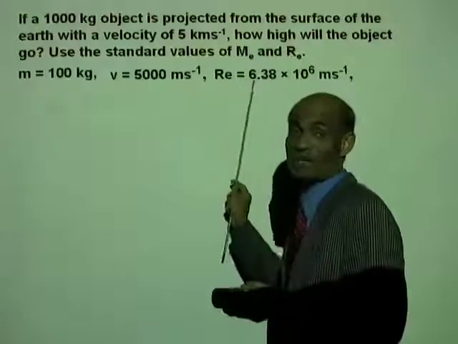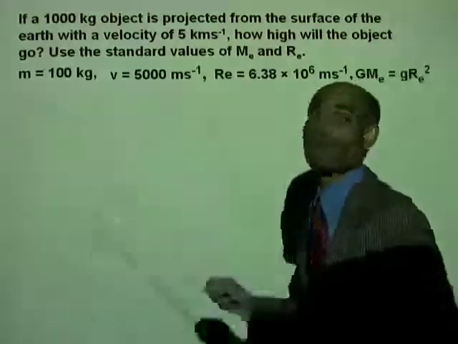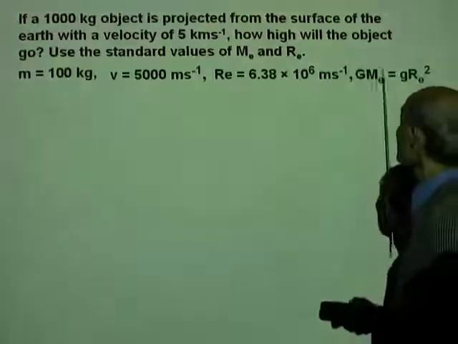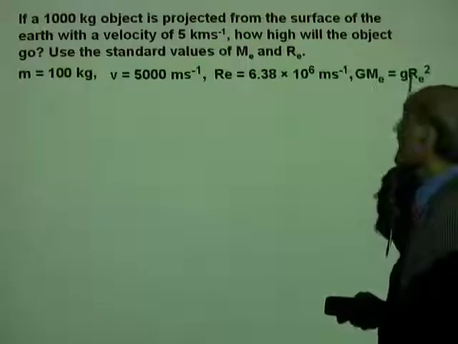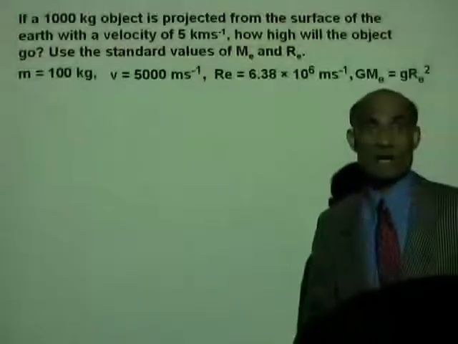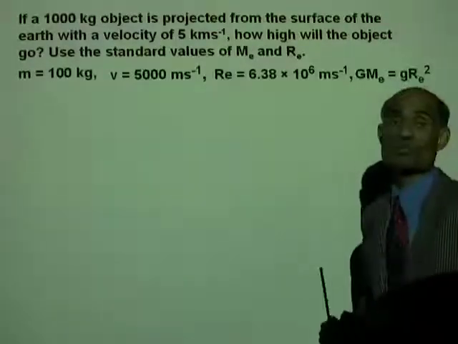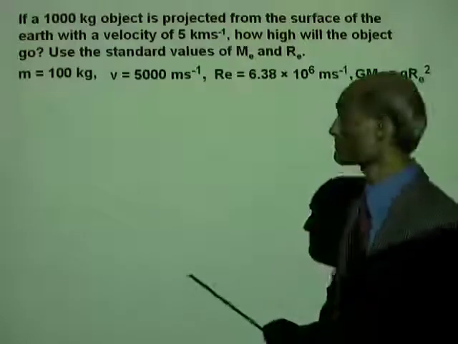This is a value that we need to use all the time. And wherever we find the quantity GME, it can be replaced by small g RE squared.